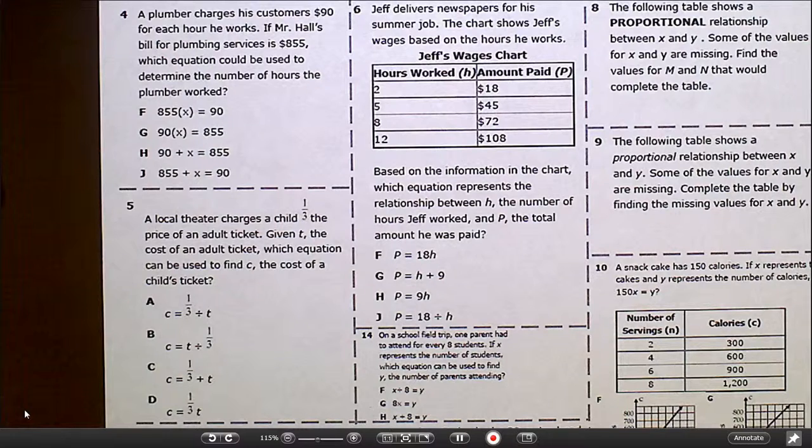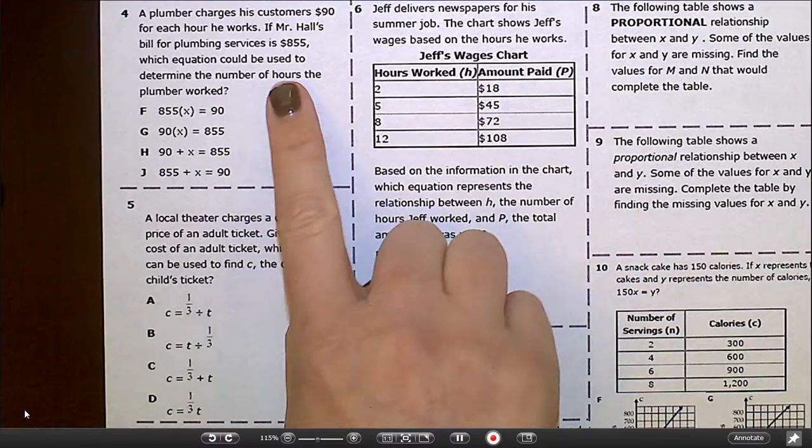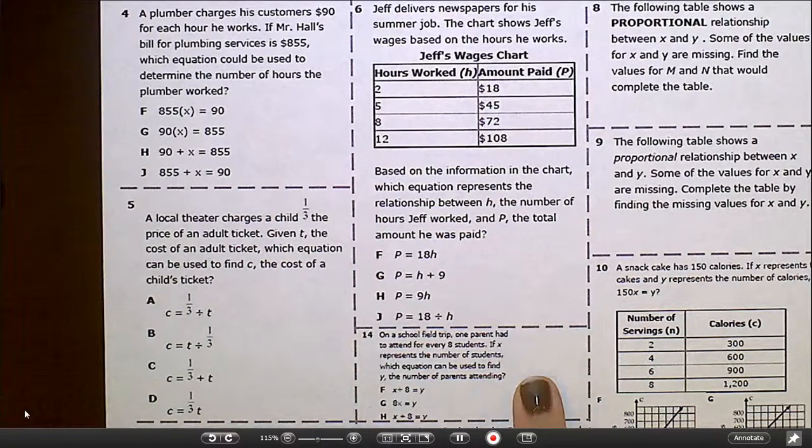Now that you have your stamp for number 3, I'm going to turn you loose on numbers 4, 5, and 14. Those are the ones I want you to work on right now, just 4, 5, and 14. All three of these are similar. They're all asking you to come up with an equation to fit the situation in the word problem. I want you to be very careful because a lot of times you have to rely less on thinking like math and more on thinking like real life common sense. How would this really work?